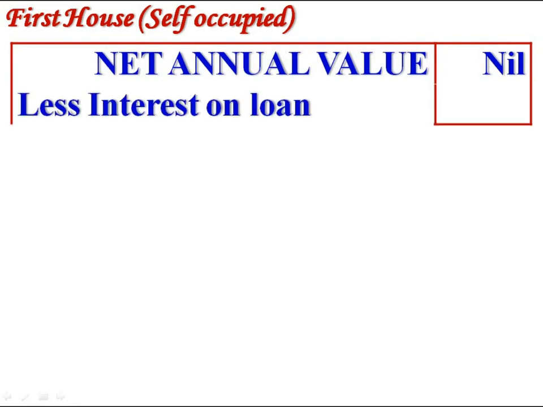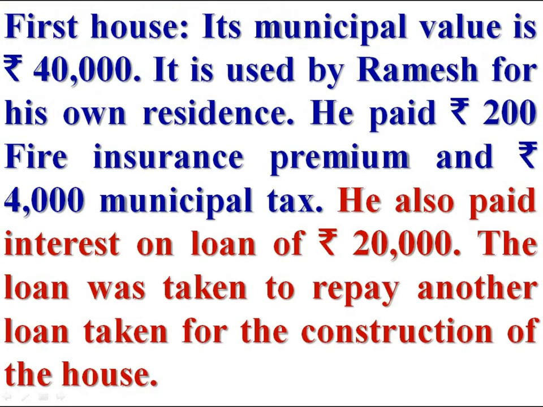From this net annual value, there is only one deduction, interest on loan. We are given, he also paid interest on loan of Rs 20,000. The loan was taken to repay another loan taken for the construction of the house. This interest is deductible. Interest on loan taken to repay original loan for the construction or reconstruction or repair or purchase of the house property is deductible.